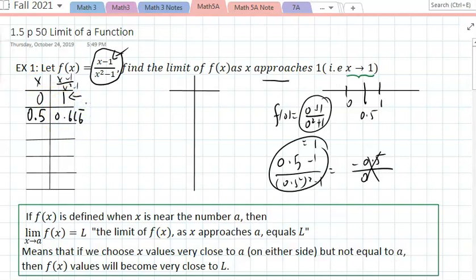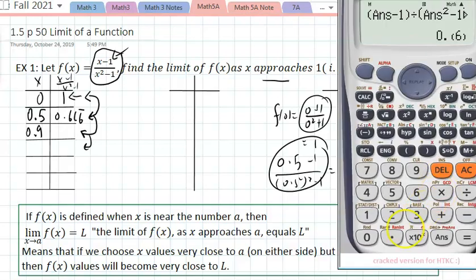So now, if I pick a value closer, let's say I go to 0.9. Now you might be asking, well, when are you going to stop? I'll stop when these numbers are very close to each other. 1 and 0.6 are nowhere close. So I'll go on at 0.9.